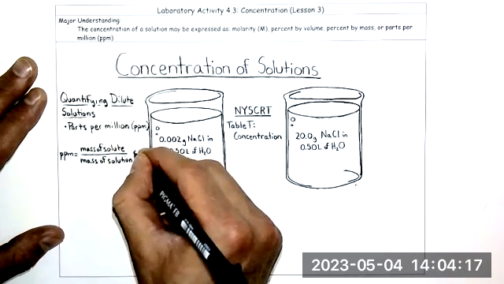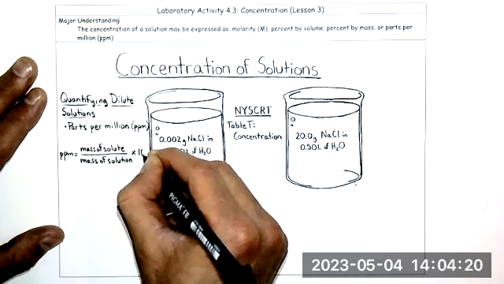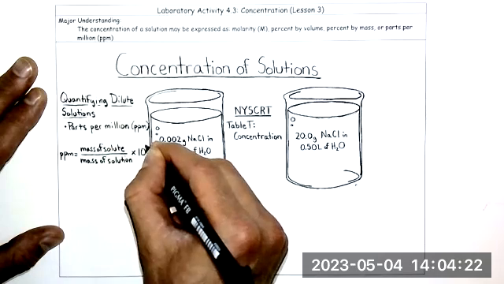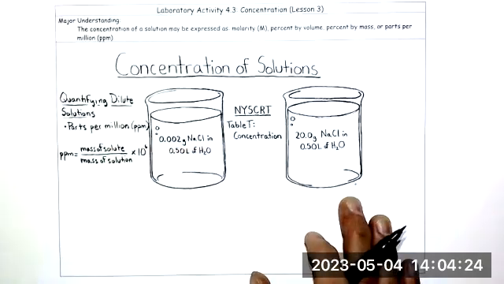Then this whole thing is multiplied by a million, or 10 to the 6. That's why it's called parts per million.